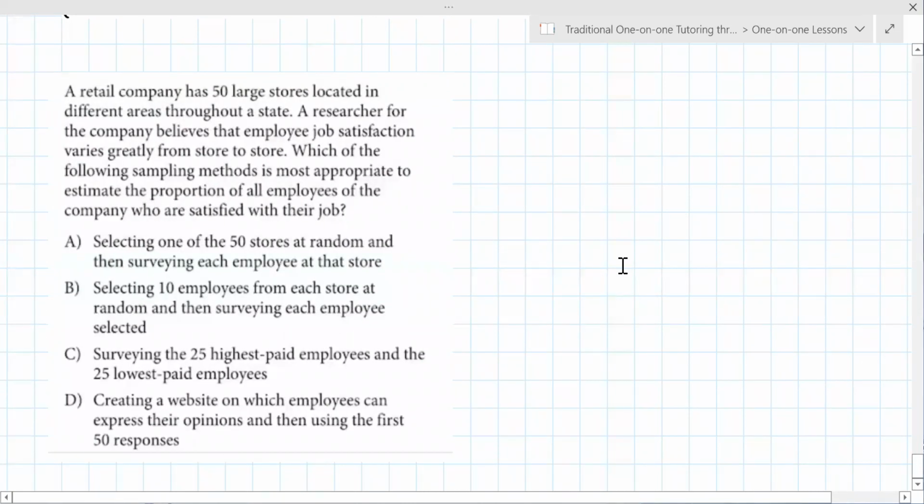Which of the following sampling methods is most appropriate to estimate the proportion of all employees of a company who are satisfied with their job? A retail company has 50 large stores located in different areas throughout a state. A researcher for the company believes that employee job satisfaction varies greatly from store to store.